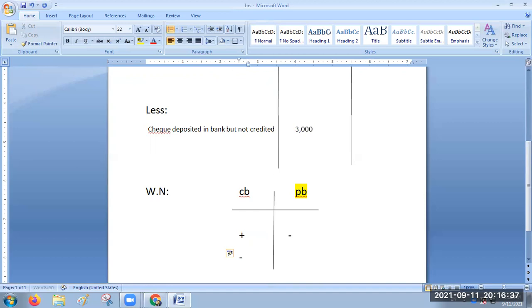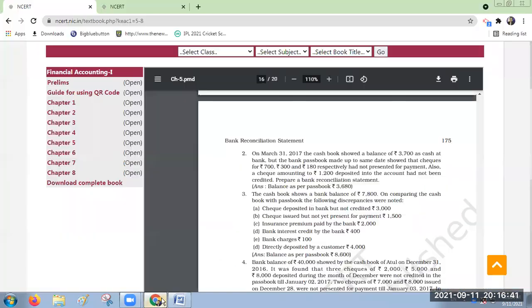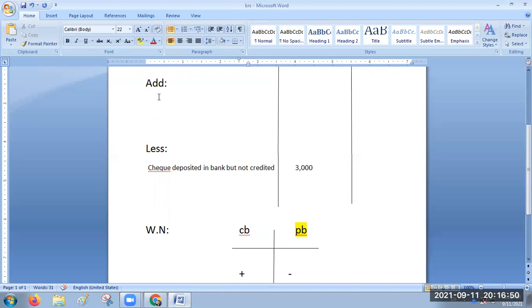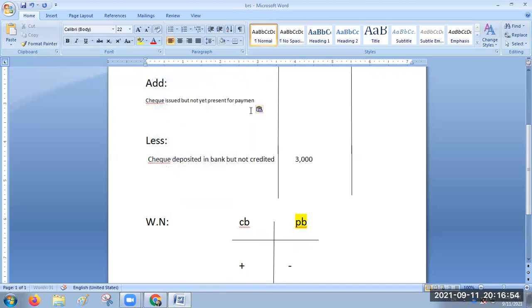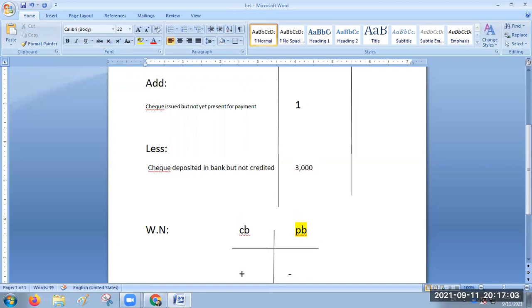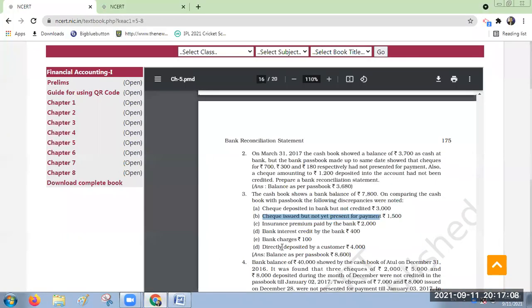More balance means plus. So the transaction I am going to do is check issued but not yet presented for payment. Plus symbol is there, so I am adding. What is the amount? 1,500. Right. Next transaction.